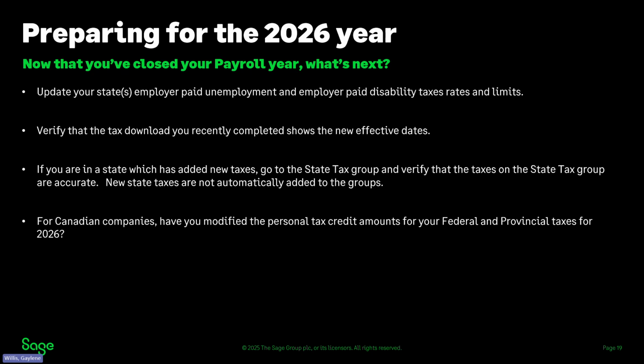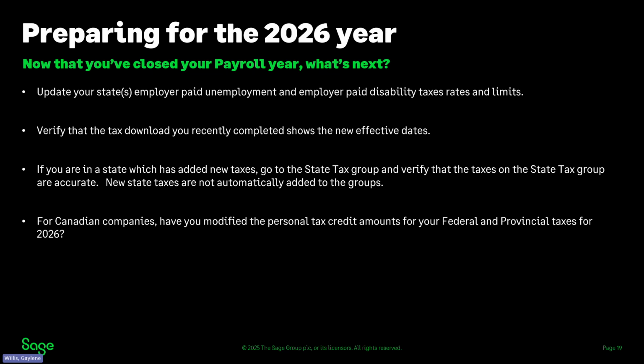If you are in a state which has added new taxes, a way to tell is going into our documents. We can go in there and look at the payroll taxes and see what taxes have been included on your recent download. If you are in a state that has had new taxes, you'll need to add them to the state tax group.